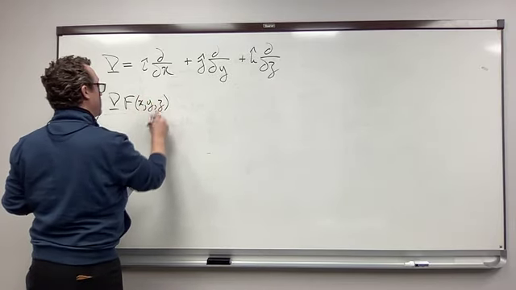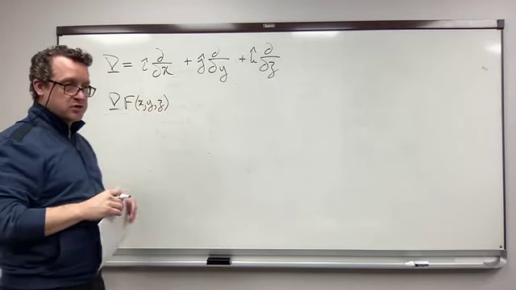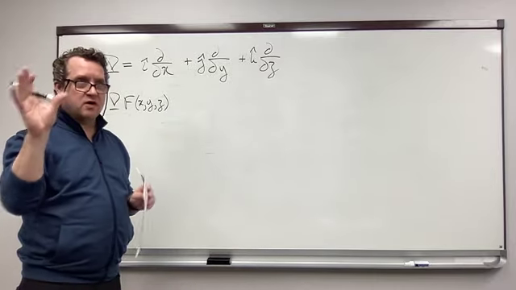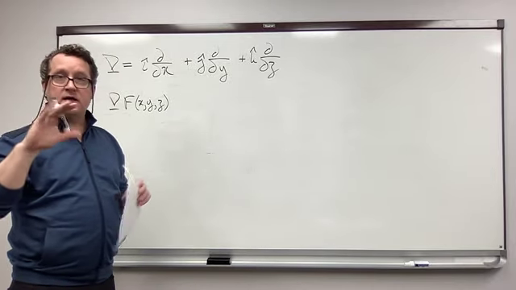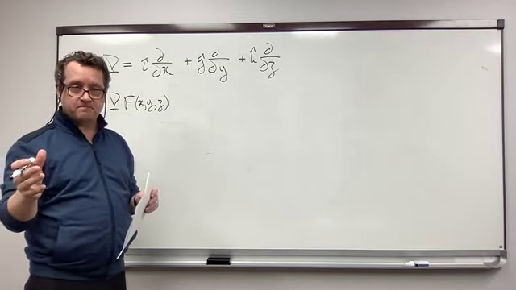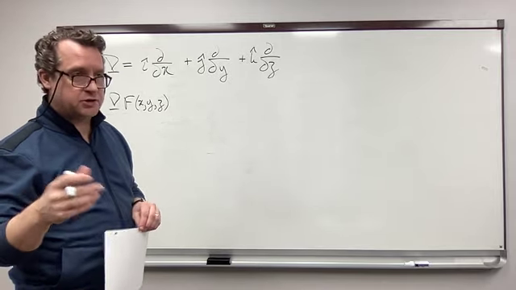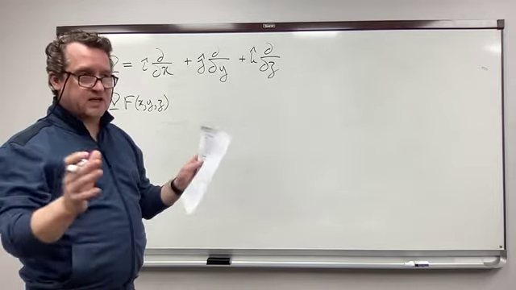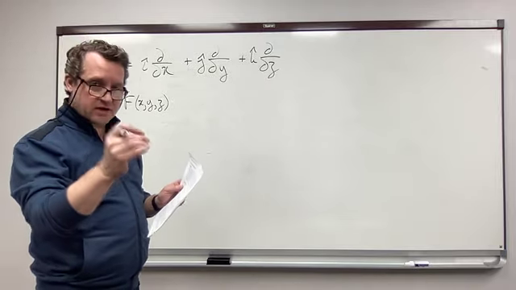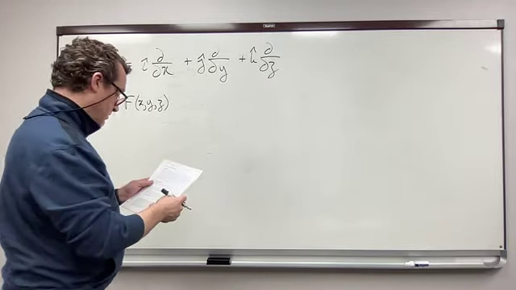In general, this is a function of x, y, z. So it could be temperature at every location x, y, z in this room. That could be what f is. Or it could be the electrical potential everywhere in the vicinity of a charge. Okay, so it's not a vector, it's just a scalar valued function.